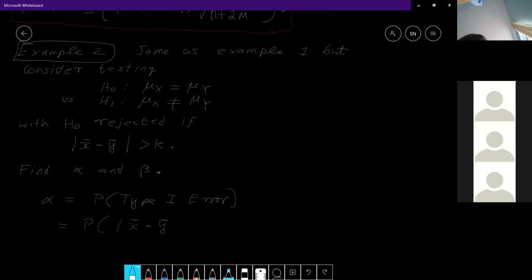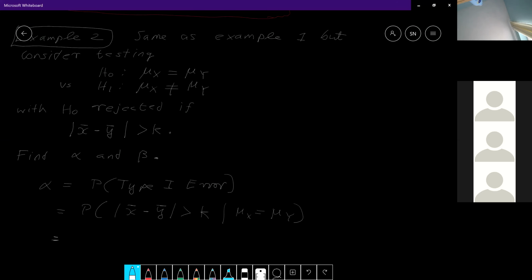Now remember, it's always a good idea to remove the absolute sign.